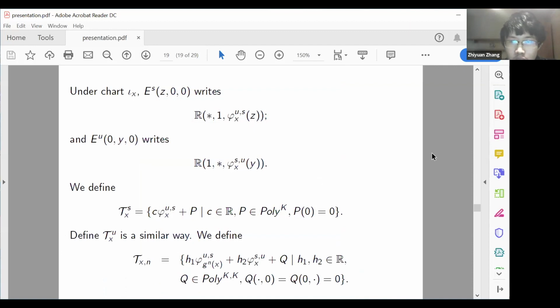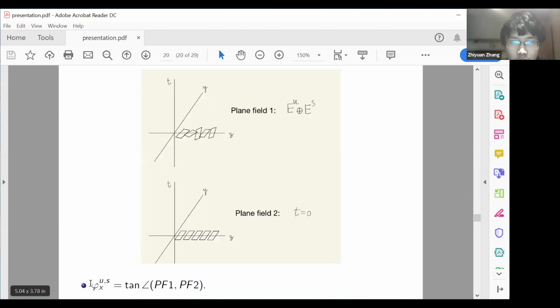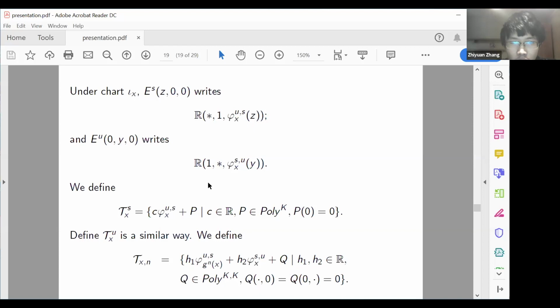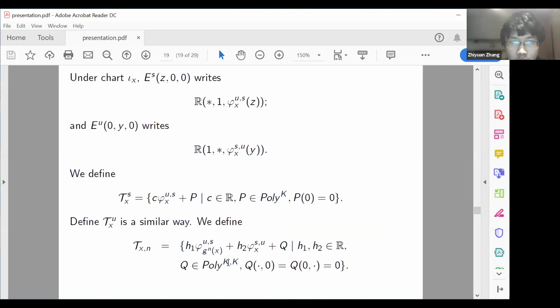This function, we call it the template, is a building block of the approximation. We can approximate the temporal function by functions of a simple form. You have a Hölder part, you have another Hölder part, but the other part is a polynomial function. So, this is the main thing.